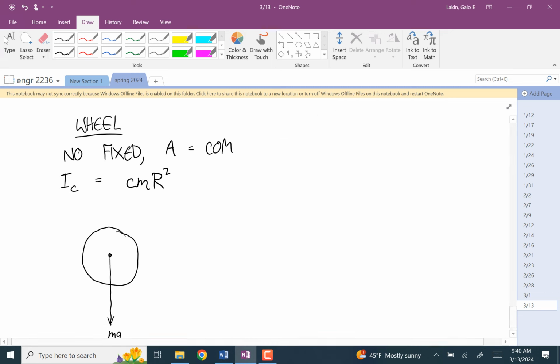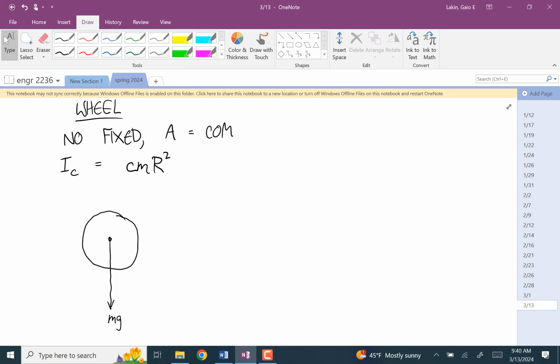And so the force that's applied to the wheel by the body is negative R. Then there's a normal force, and a friction force. And that friction force is what makes it roll instead of slide. And then we can do a table.